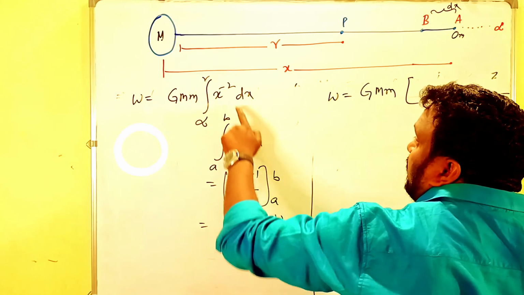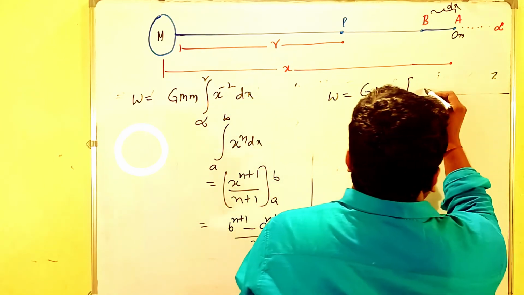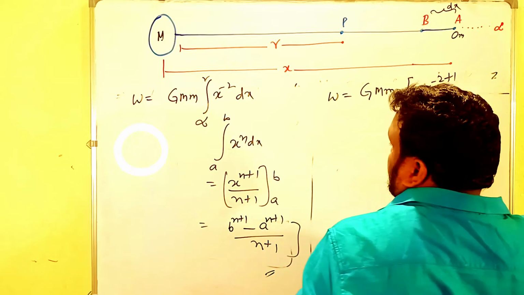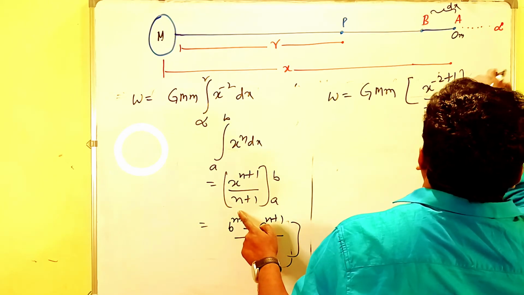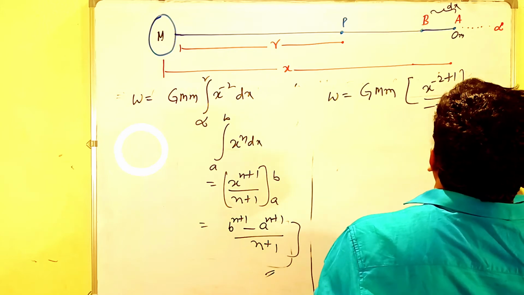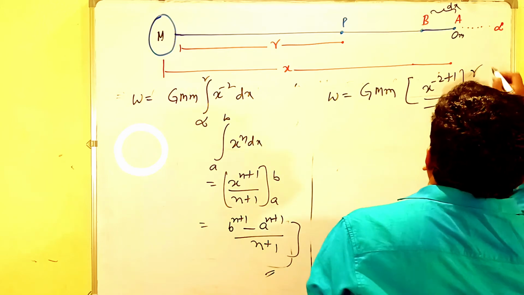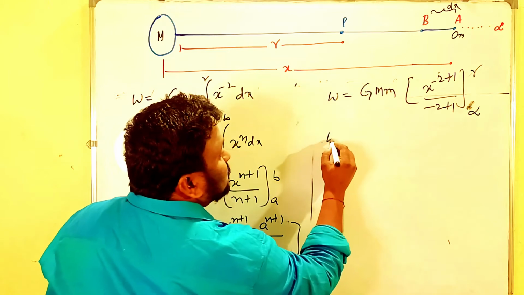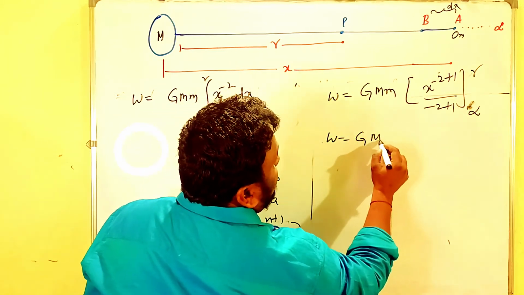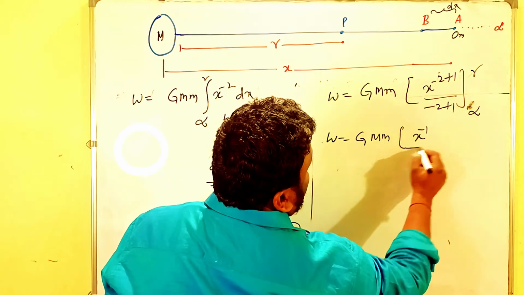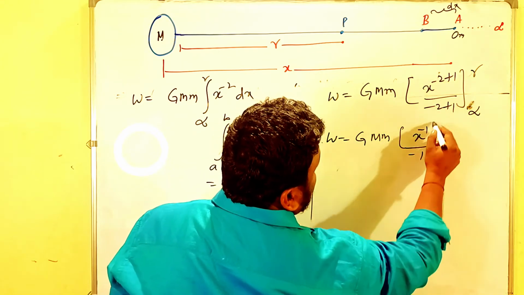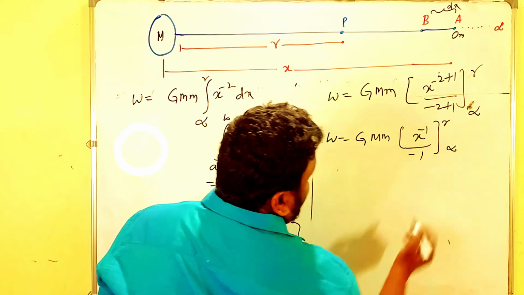In the place of n we have minus 2, so x to the power of minus 2 plus 1 by minus 2 plus 1, with limits infinity to r. Then W is equal to G M into x to the power of minus 2 plus 1, which means minus 1, and limits are r and infinity.